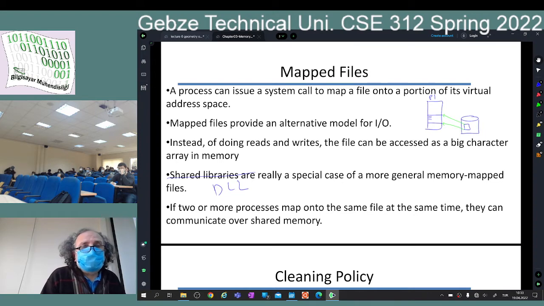So basically you are doing this inter-process communication between two computers over the network, one at this end of the world, and the other one at the other end of the world. Okay, so that's the advantage of the mapped files.